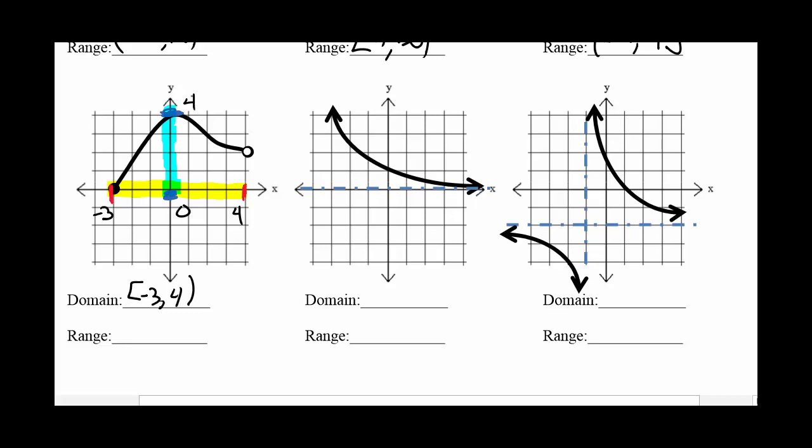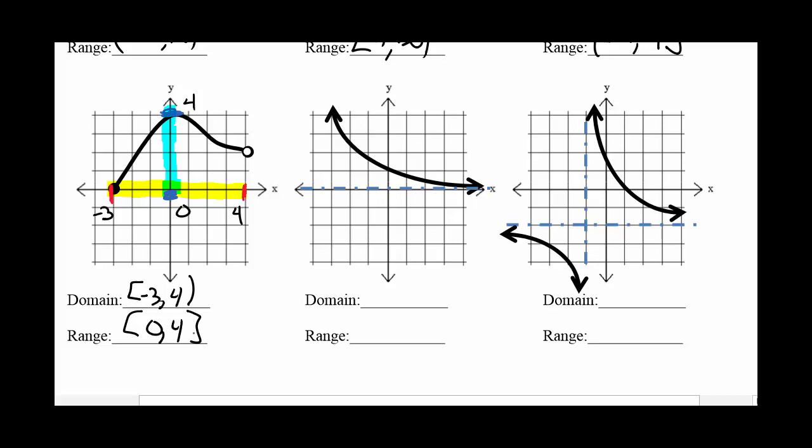We have 4 up top there. So my range would be anything between 0 and 4, and I see a closed circle where the 0 is, so it's included, and the 4 is where that hump is, so that's actually an ordered pair, so we'd have brackets on both ends. Even though there isn't an open circle there, the open circle doesn't affect the range, it just impacts the domain at that point.